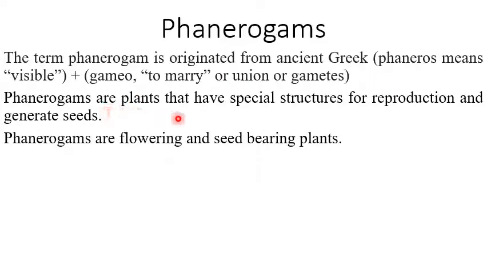Phanerogams are plants that have special structures for reproduction and generate seeds. Phanerogams are flowering and seed bearing plants. So very simple, phanerogams are flowering plants and seed bearing plants.